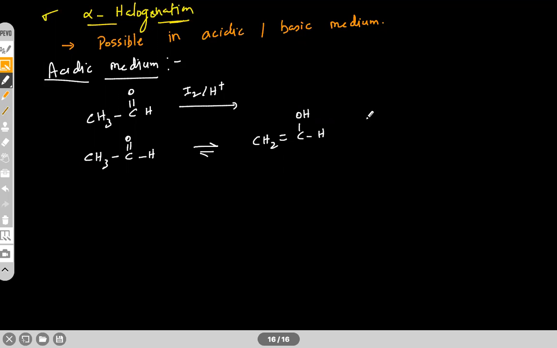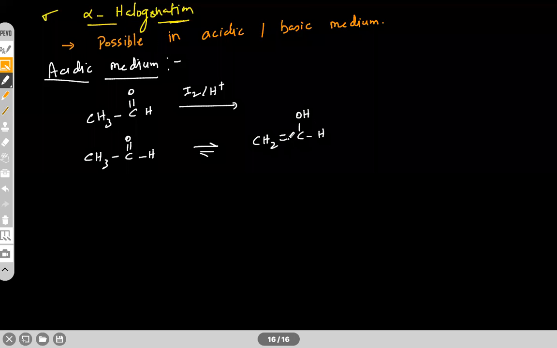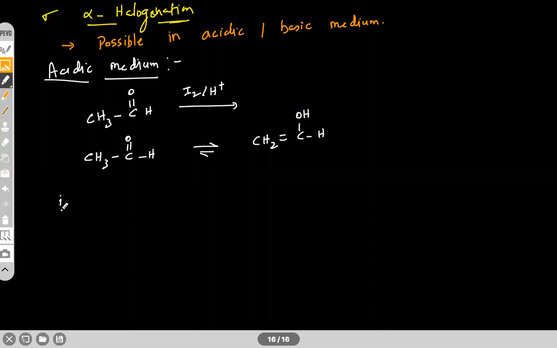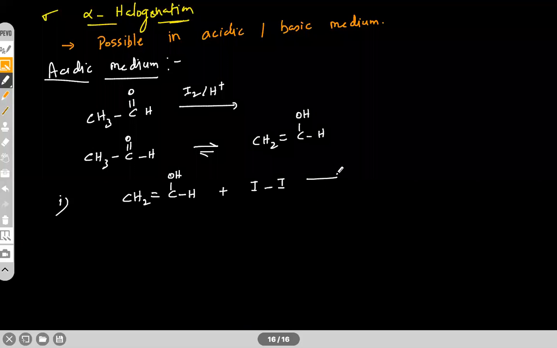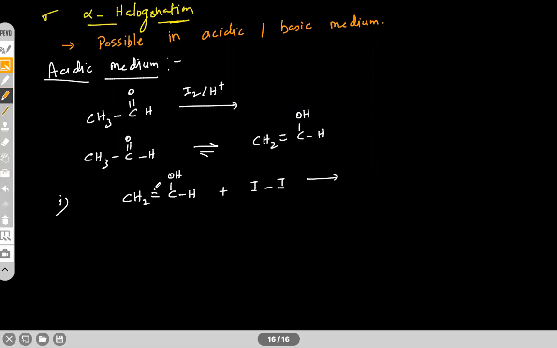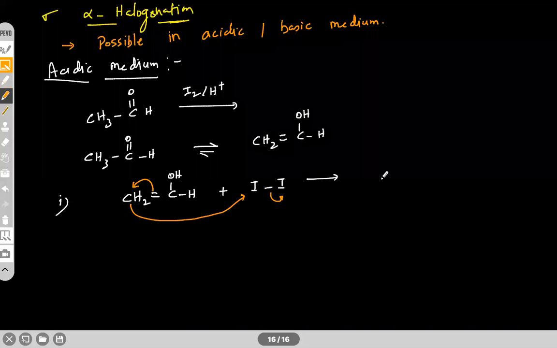Now this behaves as a nucleophile and attacks onto this iodine. So in the next step, what happens, you see, we have CH2 double bond C OH plus I2. This pi electron comes over here, it takes this iodine and I minus goes out from this.